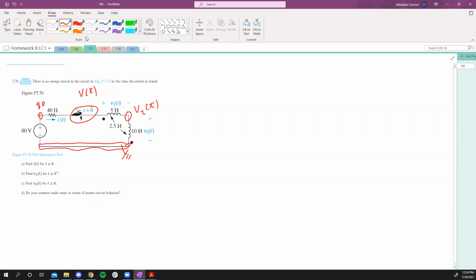And this is for t greater or equal than 0.